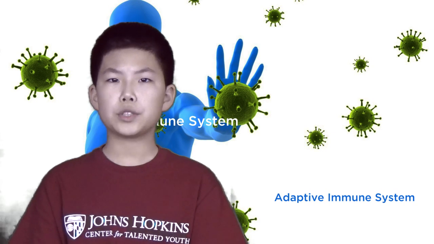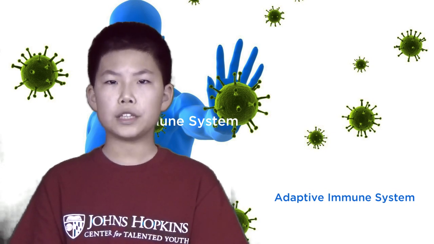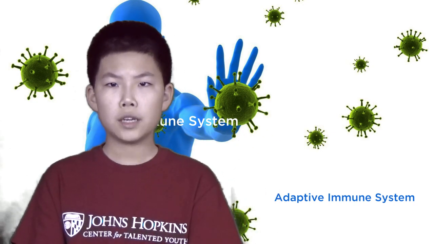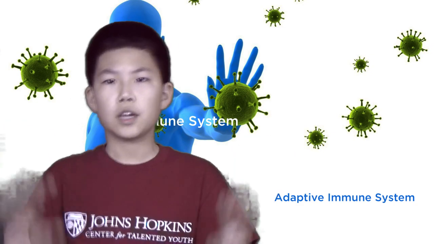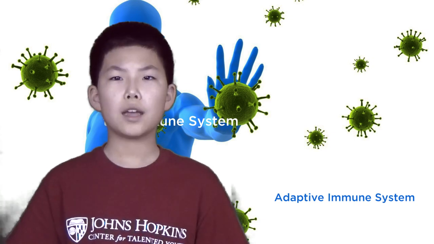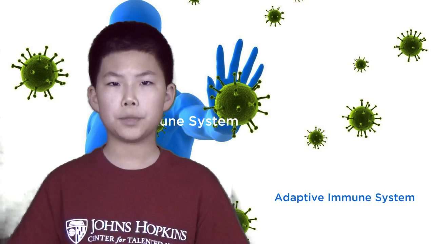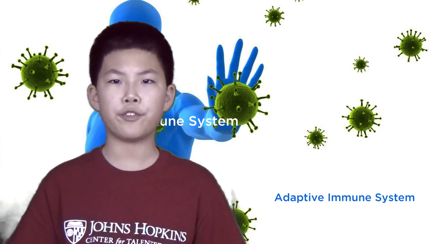Fortunately, the immune system is engineered to learn from the past. While your body is producing new B cells and T cells to fight the pathogens, it also produces memory cells of the B cells and T cells, which stay in the system after the pathogen is defeated. The next time that the pathogen shows up in your body, these memory cells can help launch a counterattack much more quickly and fiercely.